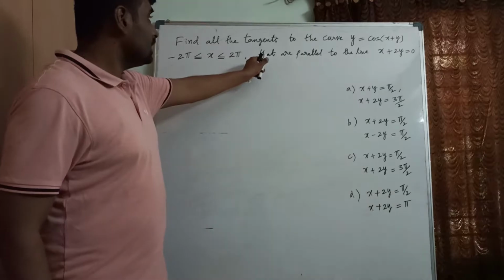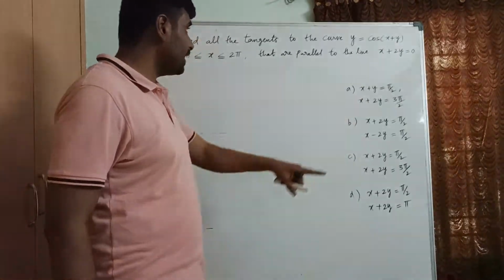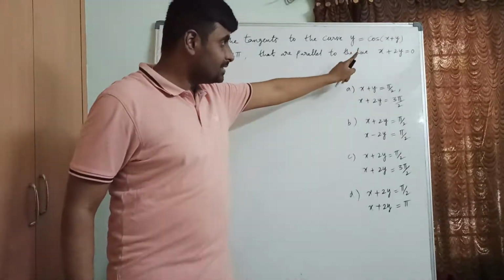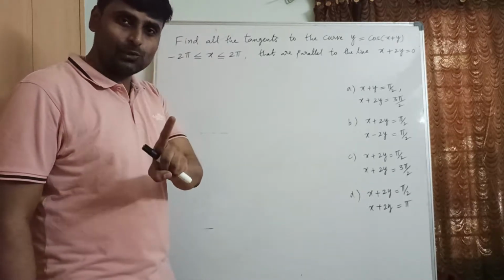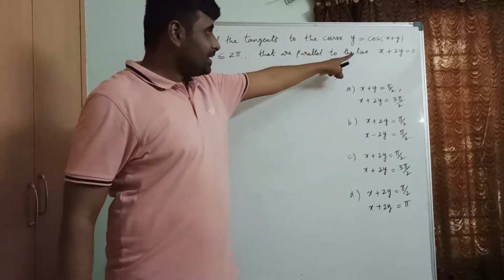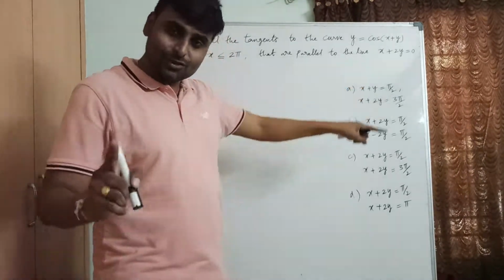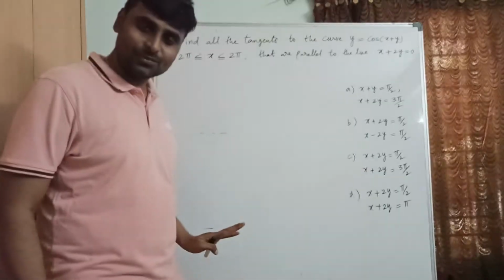Now, the tangents are parallel to this line, x plus 2y equal to 0. Whenever a tangent is parallel to this line, its slope is the tangent slope, correct? So we have one clue. What is the slope of this line? Minus a by b, minus 1 by 2. So minus 1 by 2 is the required tangent slope also, correct?